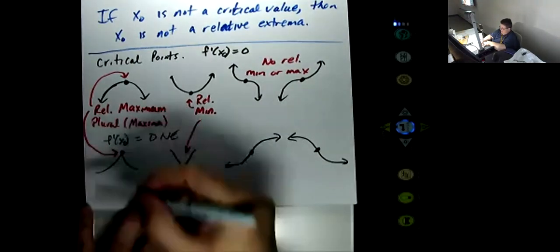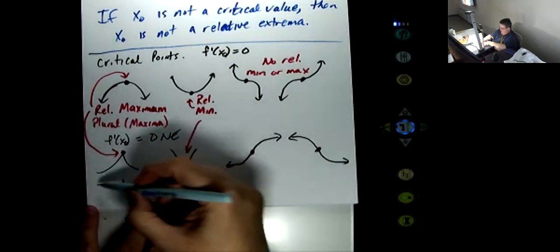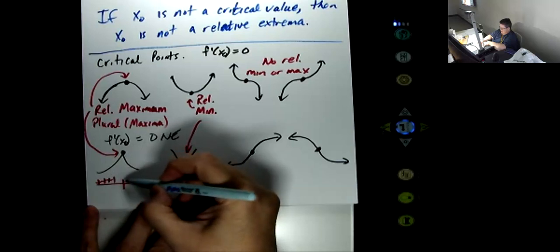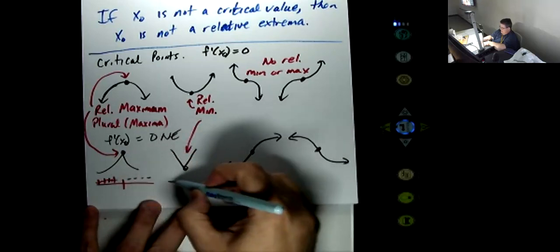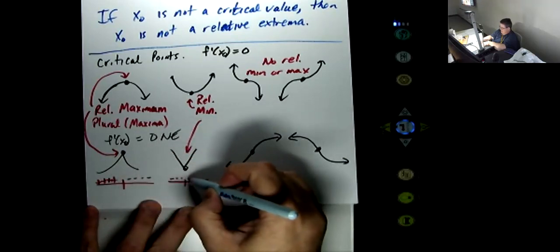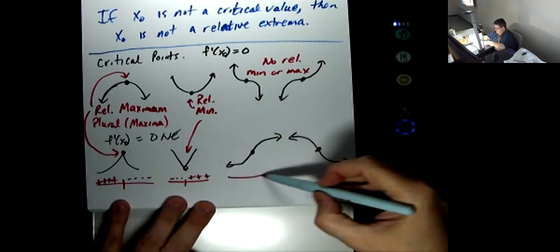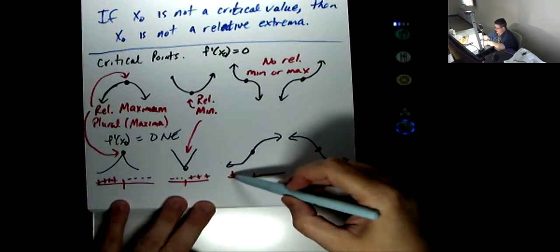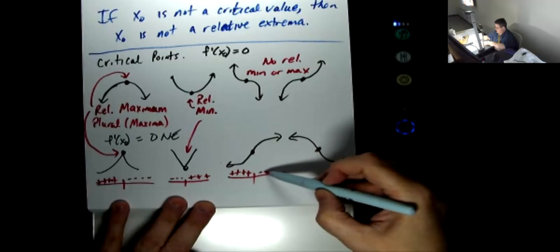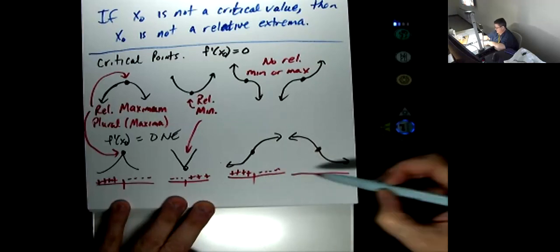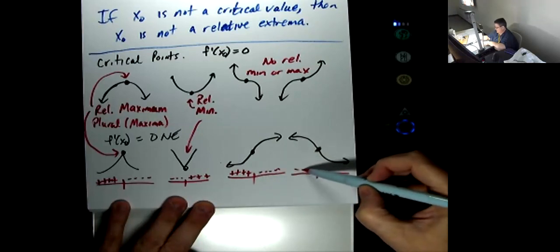We can see it if we look at the sign chart. This is increasing and then decreasing. Here it's decreasing and then increasing. Here it's increasing and then decreasing. And here it's decreasing and then increasing.